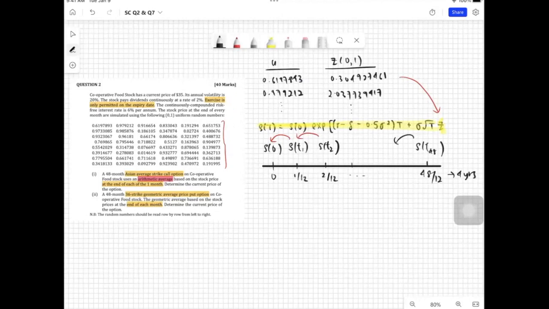So before moving on to our calculations on the Excel sheet, we will compute ST1 based on S0 exponential (r minus delta) with the values already given in the question. So basically this will be Z1.